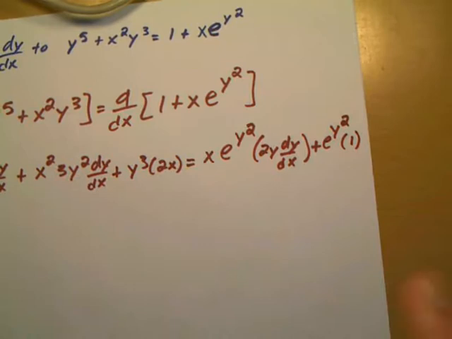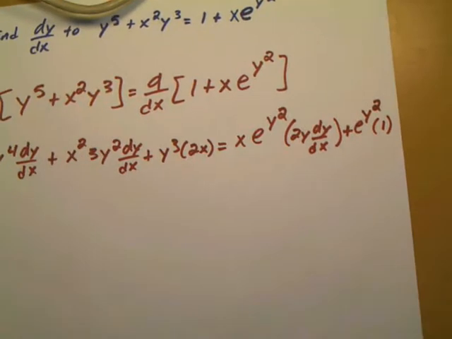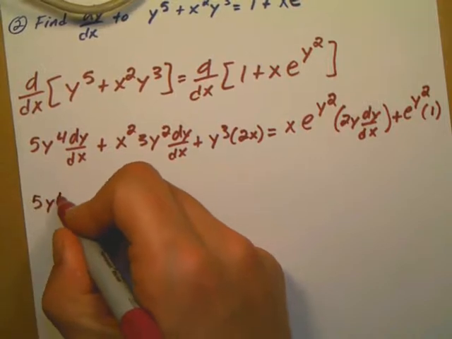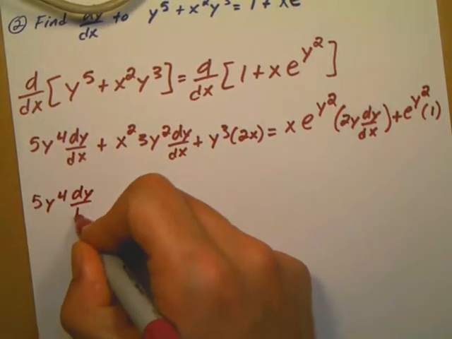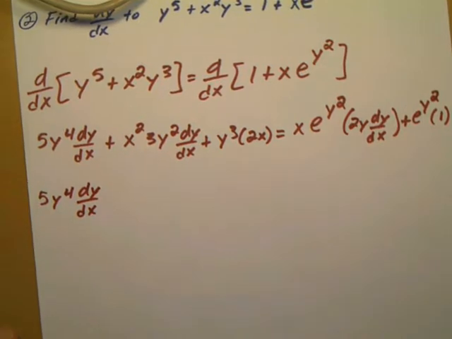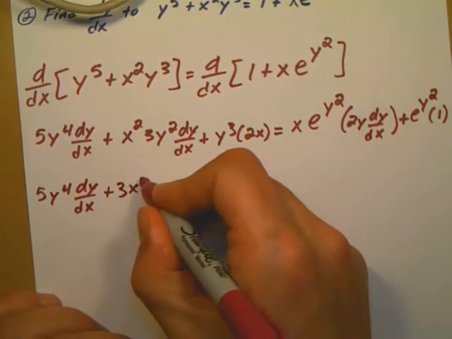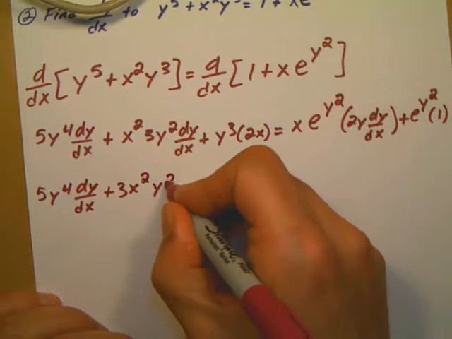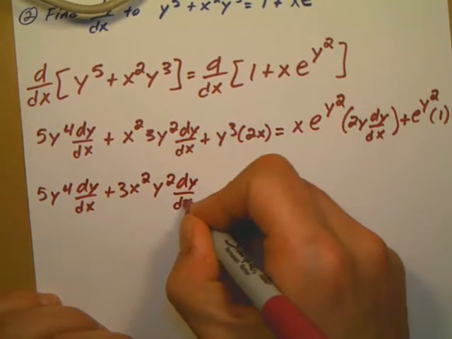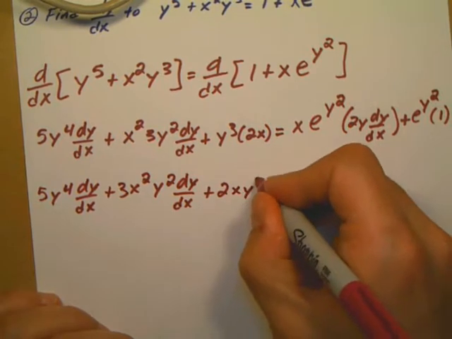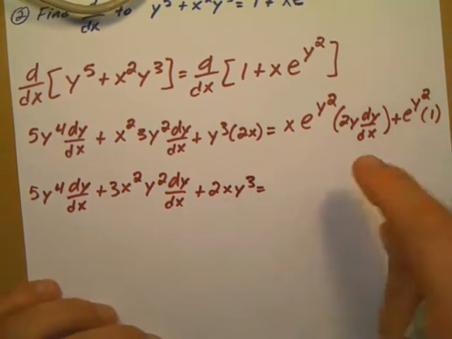Alright, so we've got a whole bunch of stuff going on, so let me just simplify this. This becomes 5y to the 4th dy/dx. I'm going to put this 3 in front, so it's 3x squared y squared dy/dx plus 2xy to the 3rd.